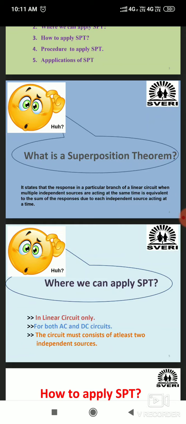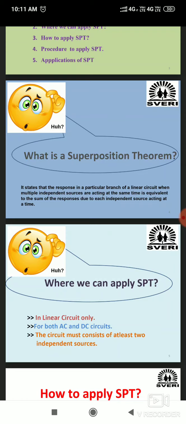We have lots of subjects, lots of concepts. How can you remember all those things? It is not possible to mug up all those things. Some things you have to remember by logic. If you remember by logic, you cannot forget it. I understand. So all theorems we have to keep in mind in a logical way. But superposition theorem, how to remember?